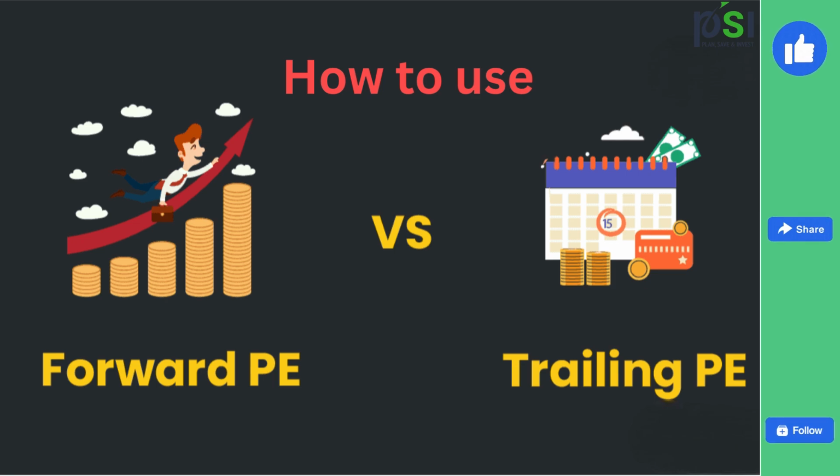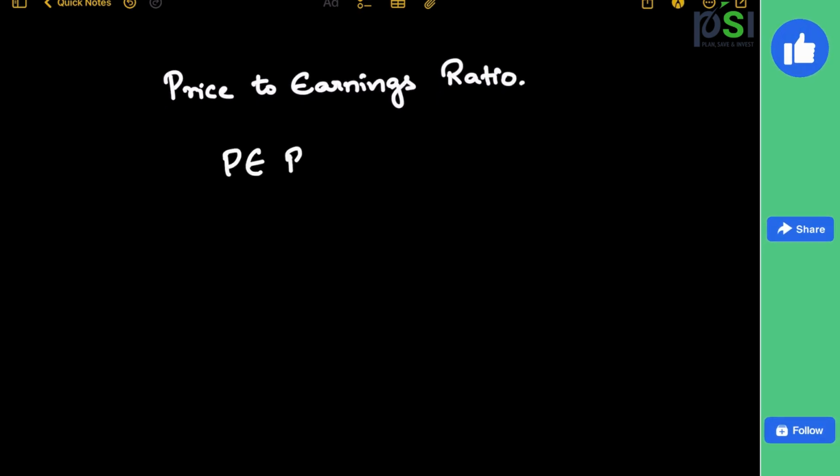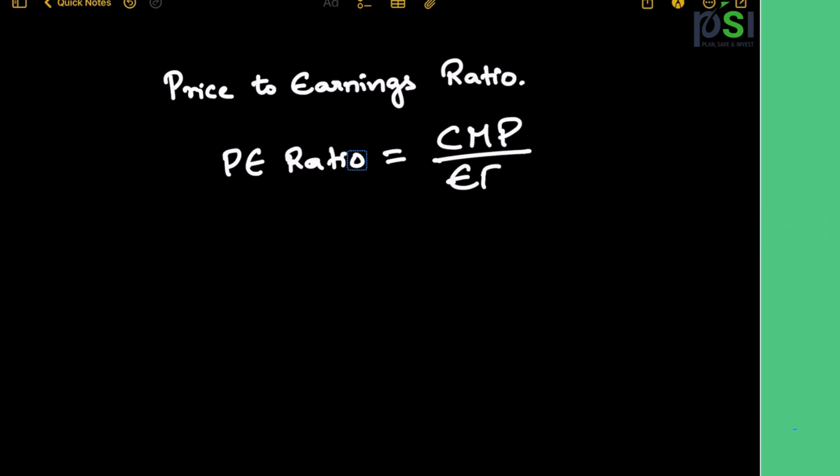So let's quickly see how to use forward PE and trailing PE. Price to earnings ratio. So PE ratio is equal to current market price divided by EPS. Let's have a quick example.